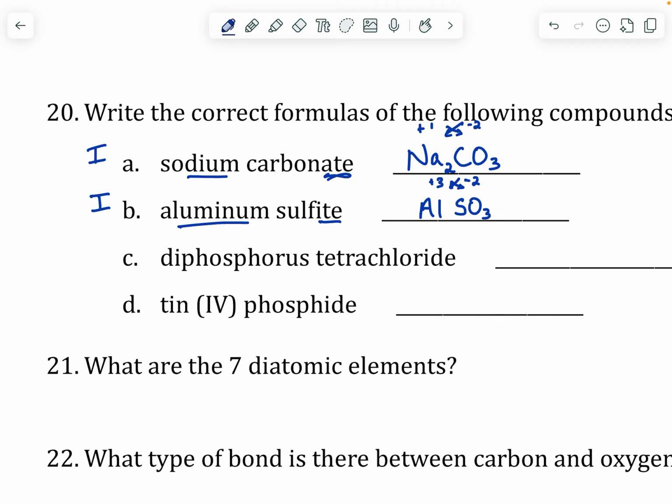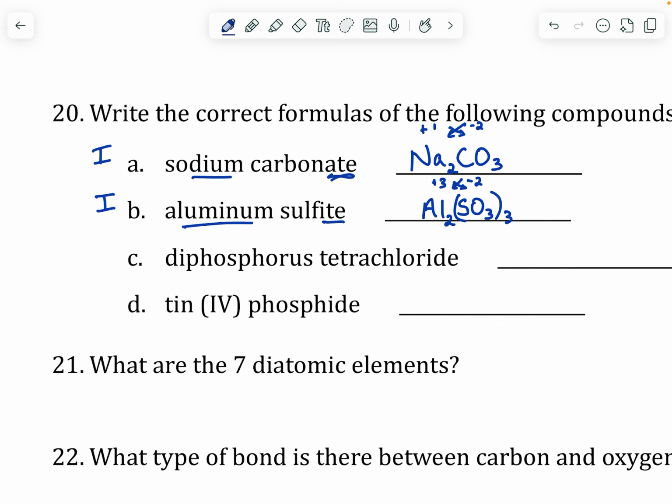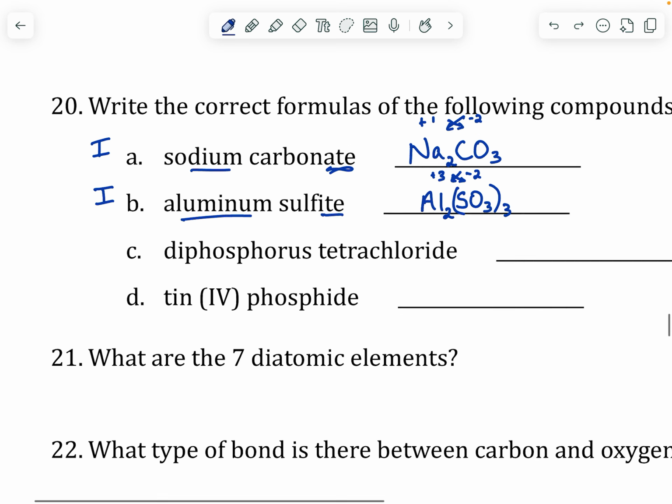When you crisscross those charges, you end up needing 2 aluminum to cancel out the charge of 3 sulfites. And because I need more than one of those polyatomics, I do need to put parentheses, because this 3 right here is a part of the polyatomic identity. Therefore, it cannot change. So we need to make sure that it sticks together and then identify that there are 3 or however many on the outside that we need there.